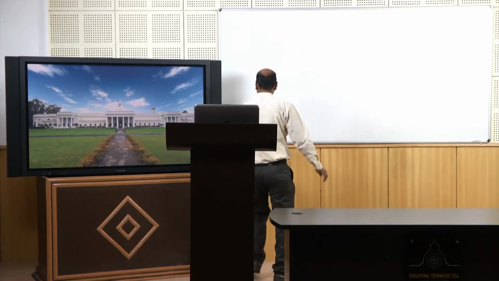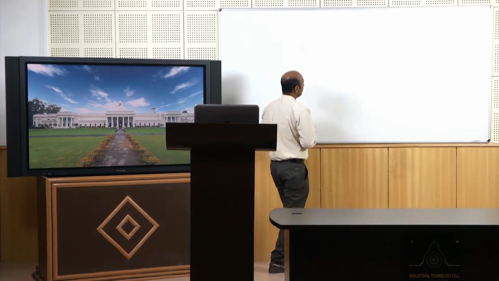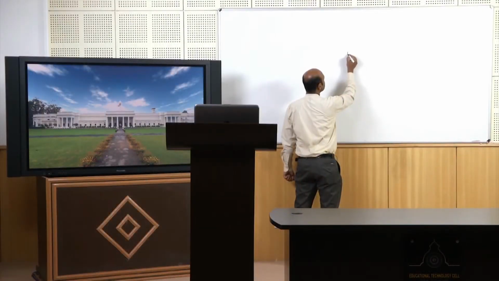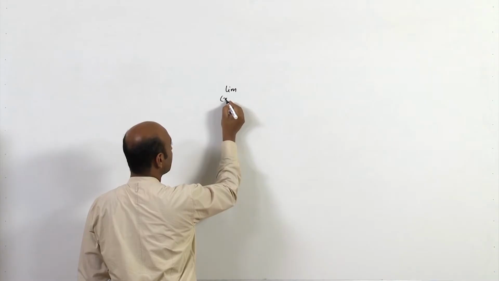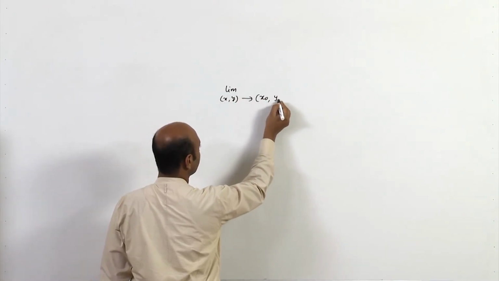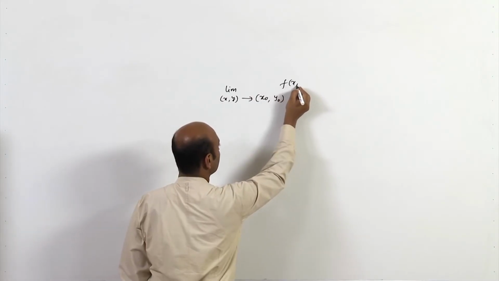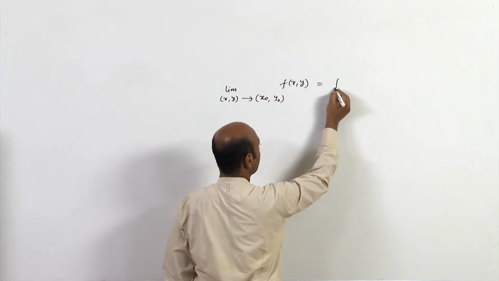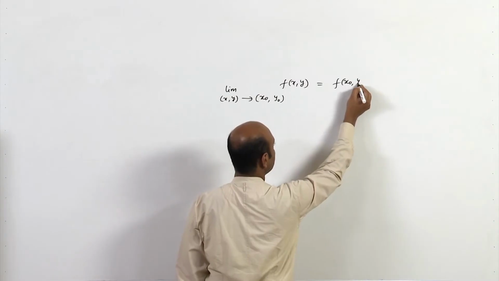So if you are talking about continuity at a point, this means that the limit as (x,y) tends to (x0,y0) of f(x,y) should be equal to f of (x0,y0).